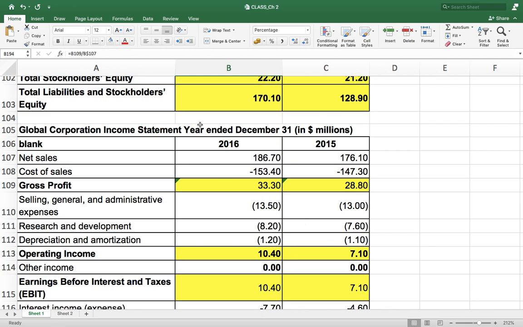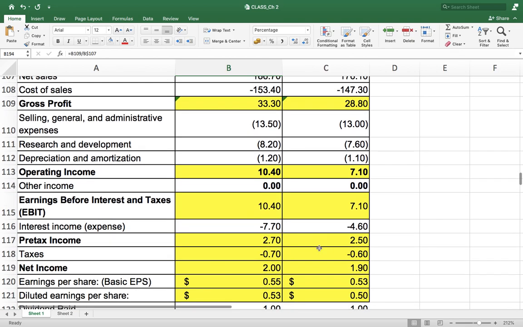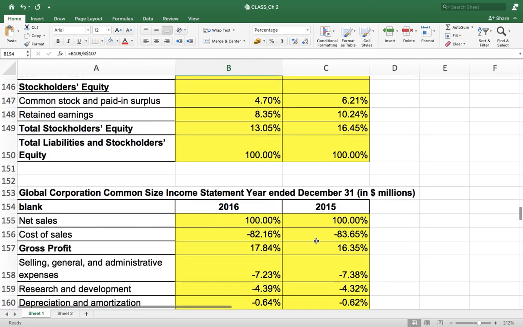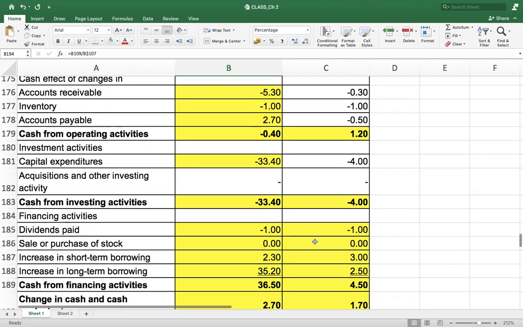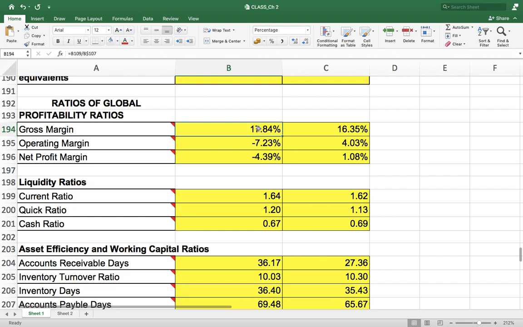B109 divided by B107, correct. So you see now, come to the ratio please. I just cross-checked it. So gross margin, then operating margin, operating profit, with B107 frozen here, sales. Net profit margin, net profit divided by sales, and it is positive.